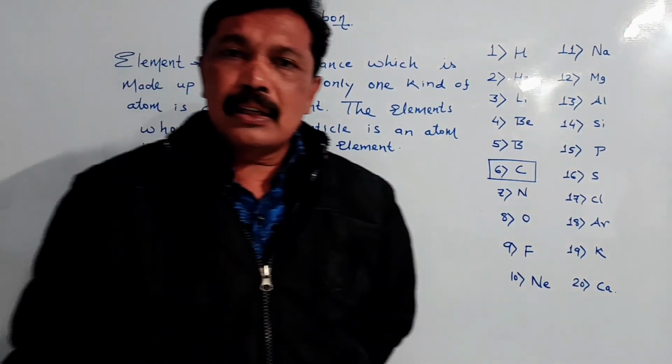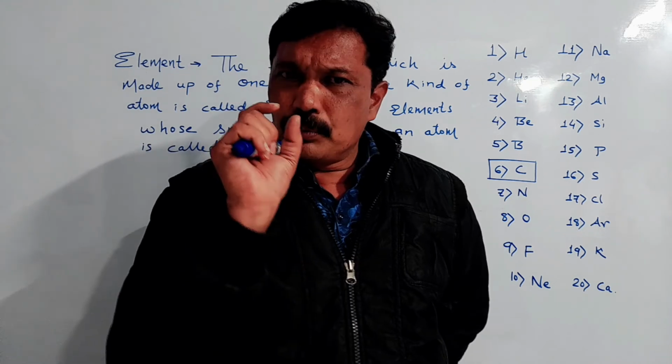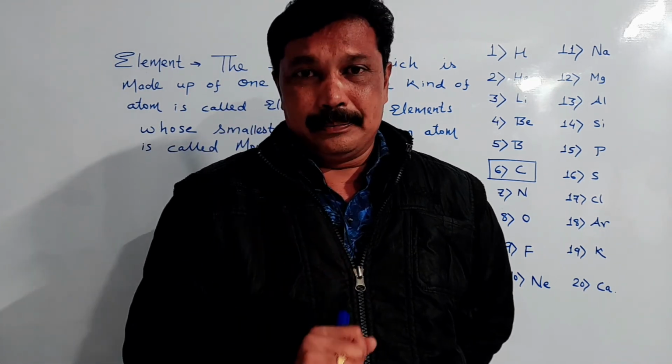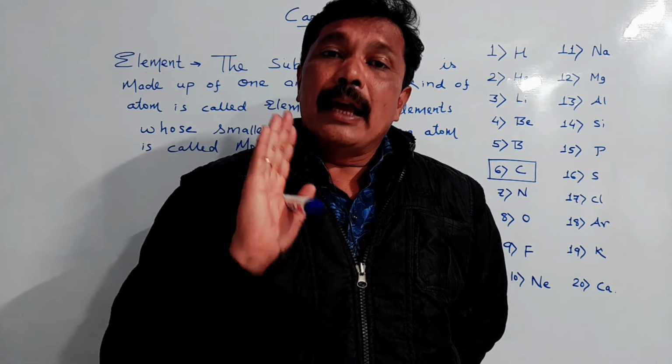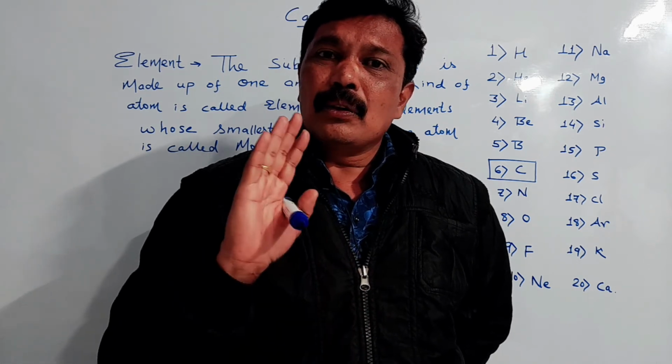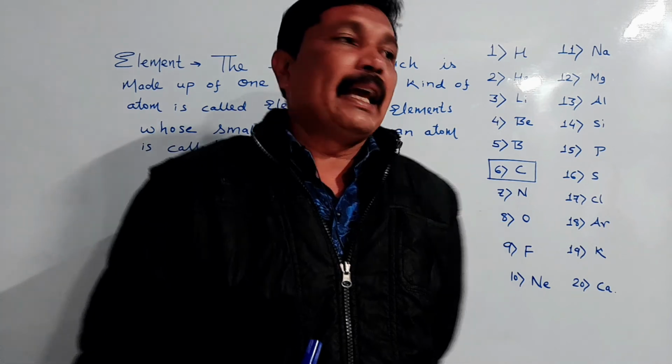My dear student, the element whose smallest particle is an atom, such type of element is called a monoatomic element. Mono means one.